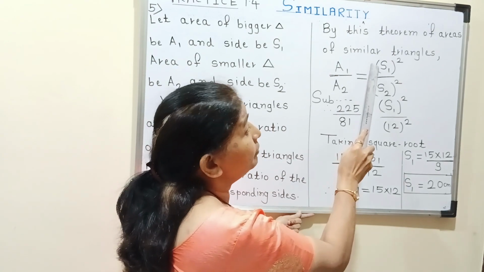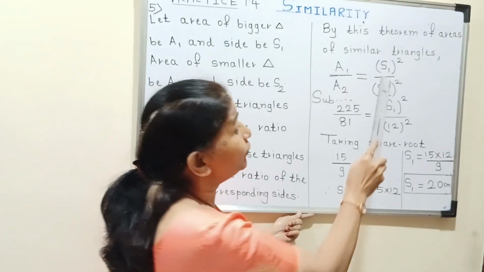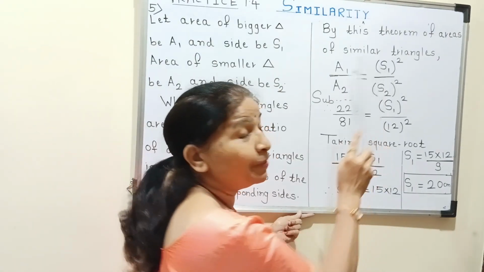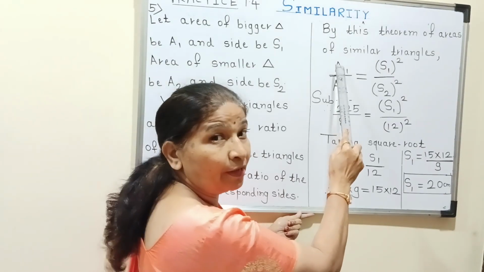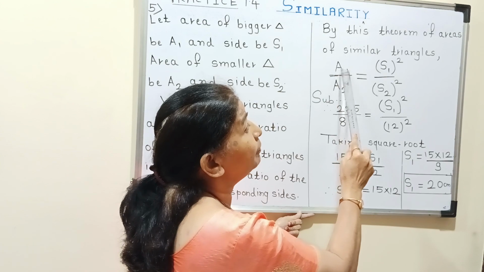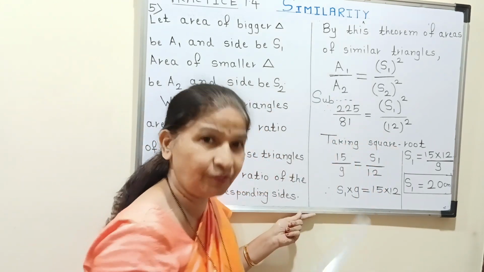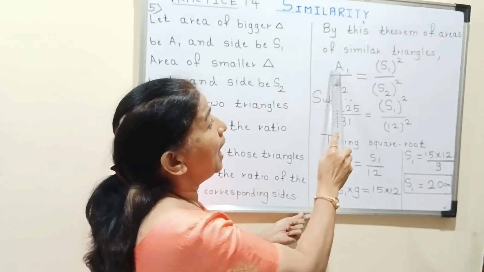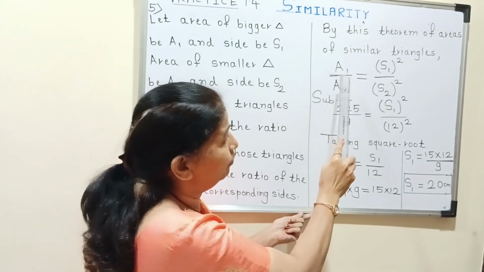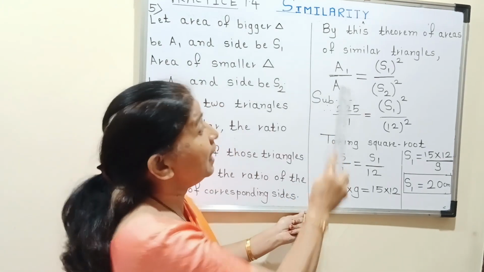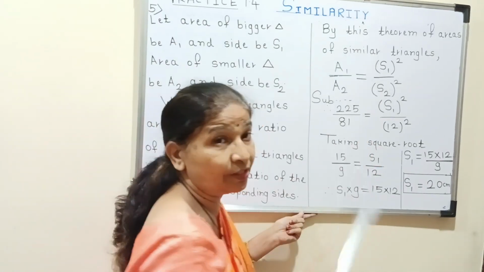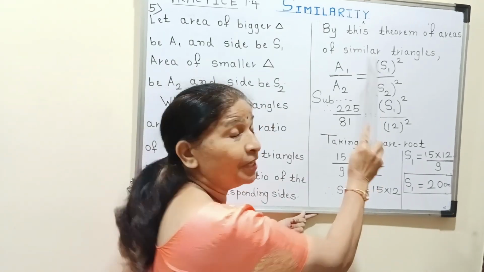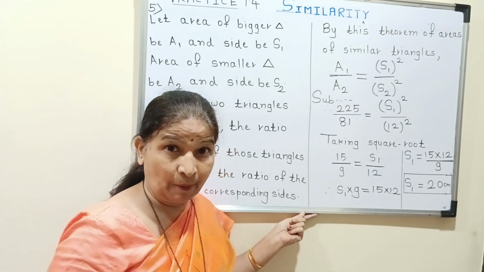S stands for the side of the bigger triangle, because they are saying the corresponding side. So if I have taken the area of the bigger triangle in the numerator, here I should write the side of the bigger triangle only.